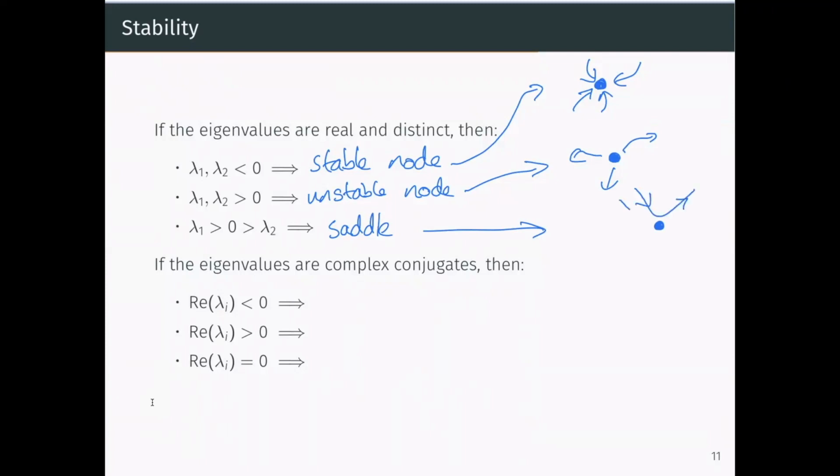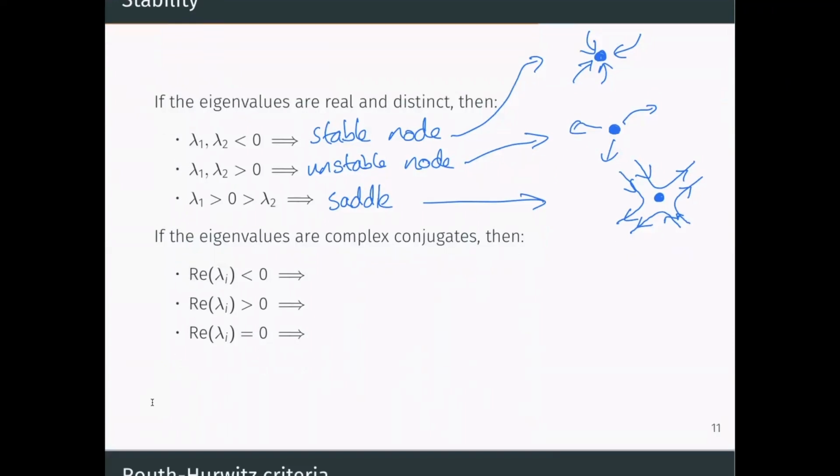So this is also an example of an equilibrium that is unstable. It's unstable in a different way to an unstable node. We're pulled towards it in one direction, and pushed away from it in the other direction. So that's what happens if we have real distinct eigenvalues.